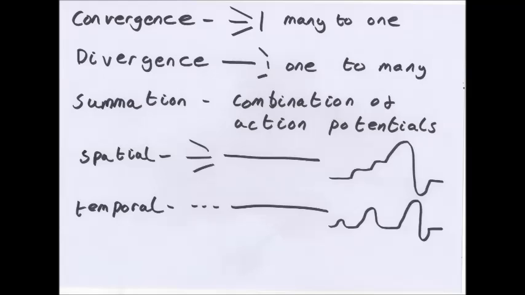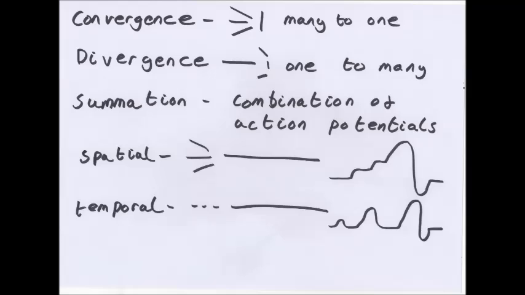Now, something occurs called summation. Summation is a term that refers to the way that several small potential charges can combine to produce one larger charge and potential difference across a membrane. And there are two types of summation: spatial and temporal. Spatial is when you have, let's say, convergence occurring, and then three small action potentials combine all at once to produce one big action potential on the postsynaptic neuron.